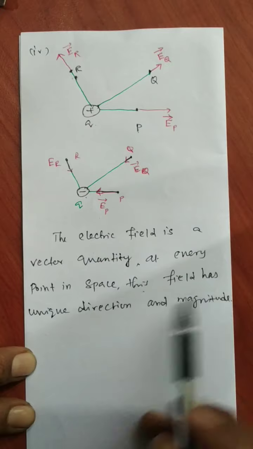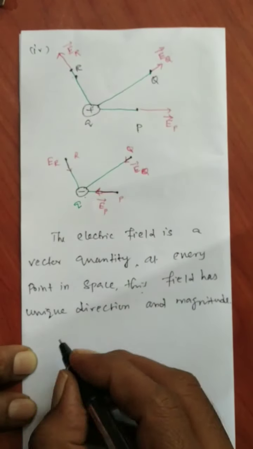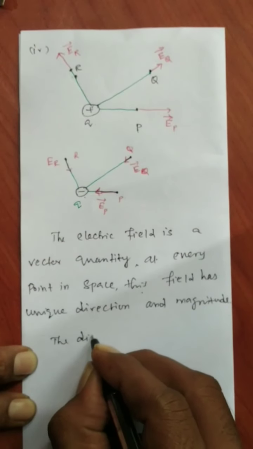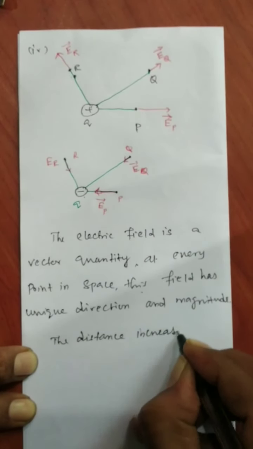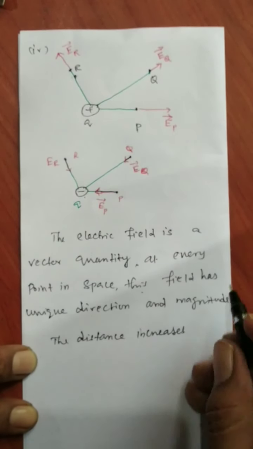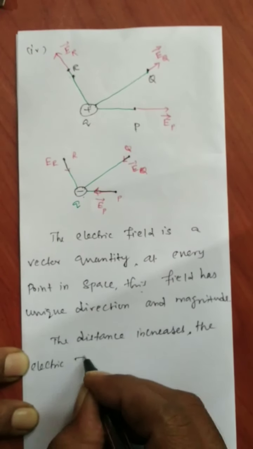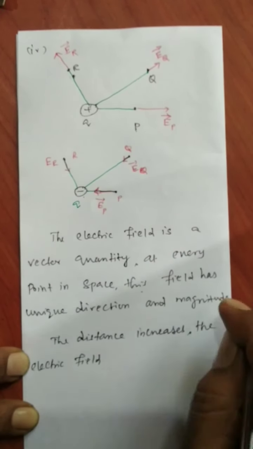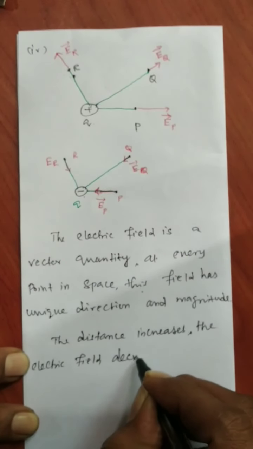So in space, this field has a unique direction and magnitude. Further we infer that as the distance increases, the electric field decreases in magnitude.